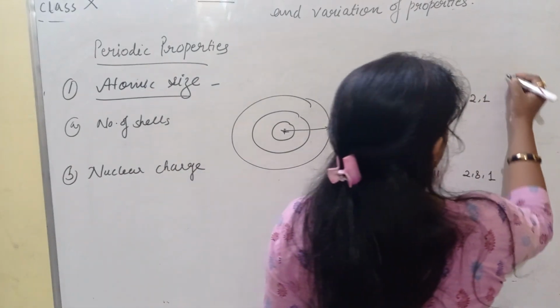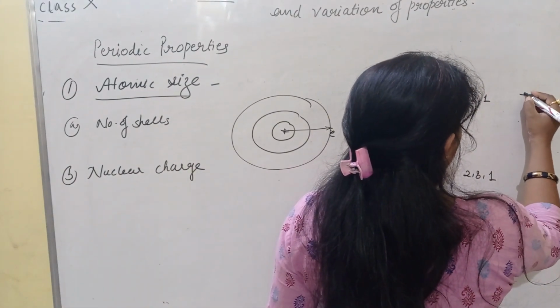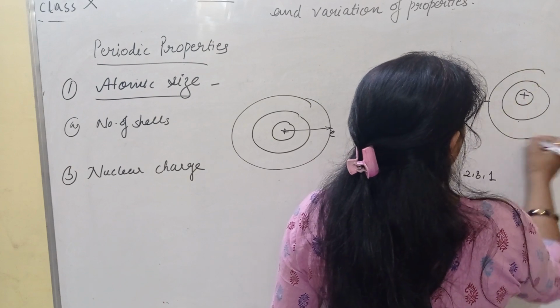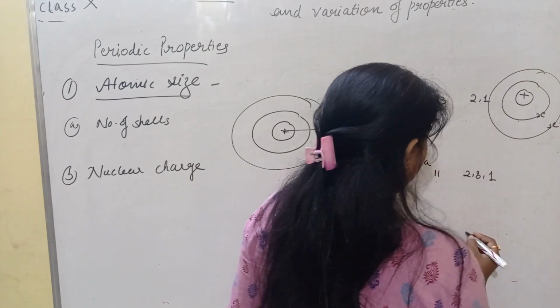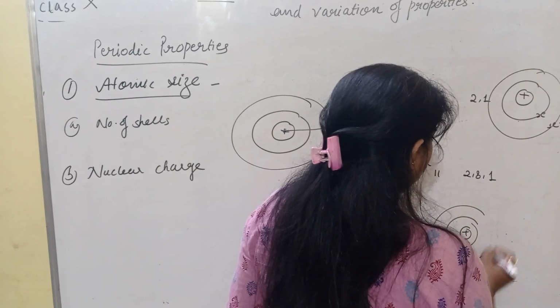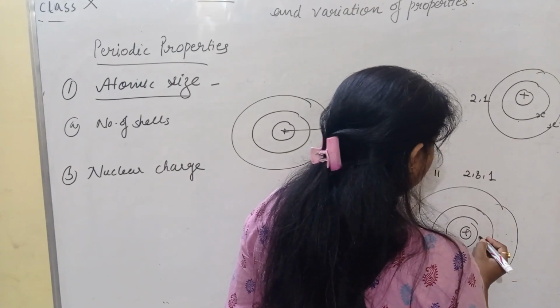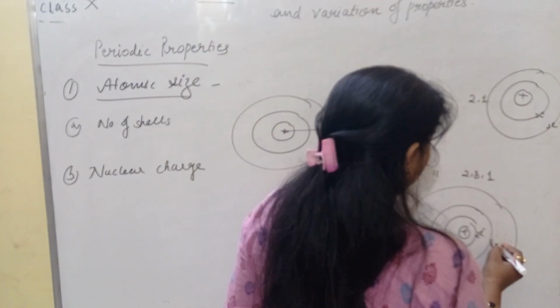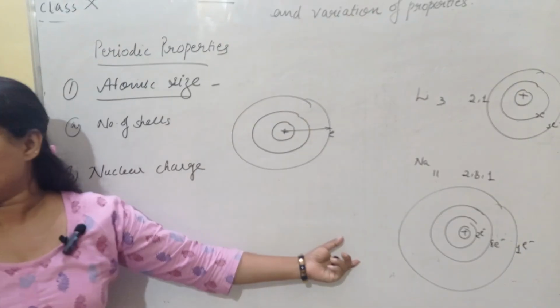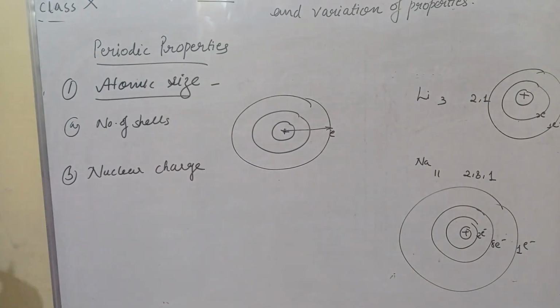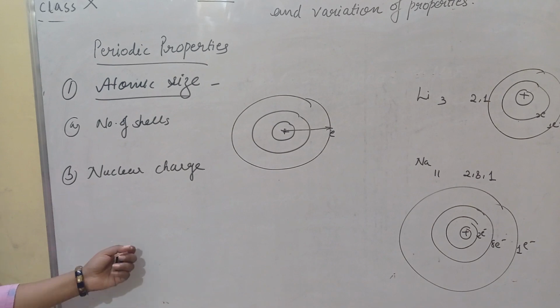If you make the diagram, the structure of the atom, lithium has 2 electrons, 1 electron. Here 3 shells are there: 2 electrons, 8 electrons, 1 electron. That means as we increase the number of shells, atomic size will increase. The second is nuclear charge.